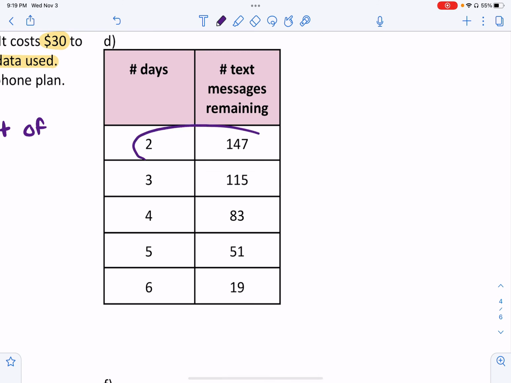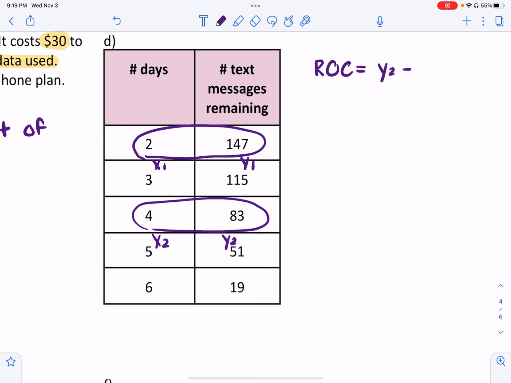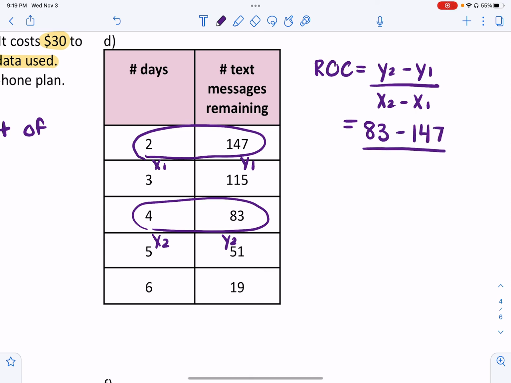So we'll find our 2 points. We'll use these two. It doesn't matter which ones you use. We have x1, y1, x2, y2. So our rate of change is y2 minus y1, all over x2 minus x1. So we have 83 minus 147 all over 4 minus 2. 83 minus 147 is negative 64, divided by 2, which is negative 32.